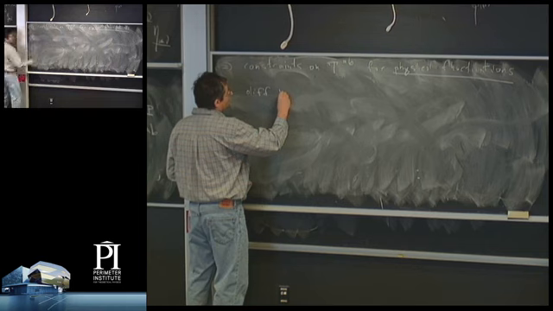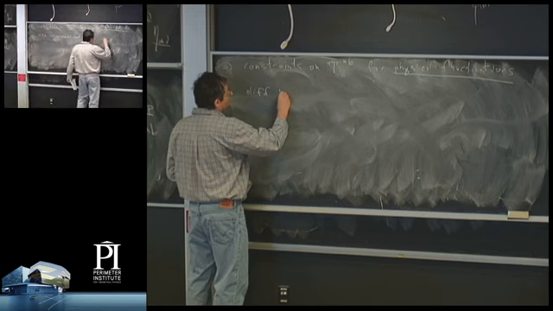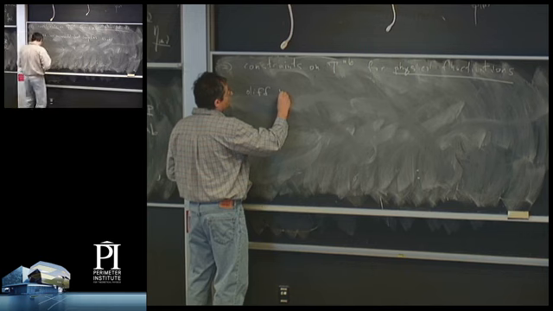So the first thing that we're going to show is that diffeomorphism invariance implies that TAB is conserved.